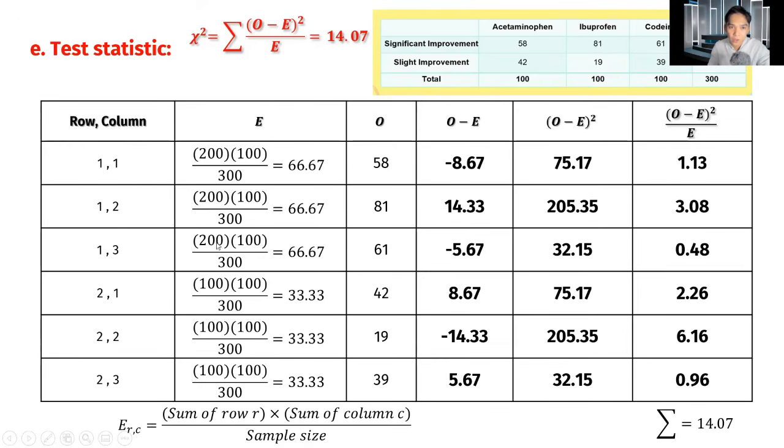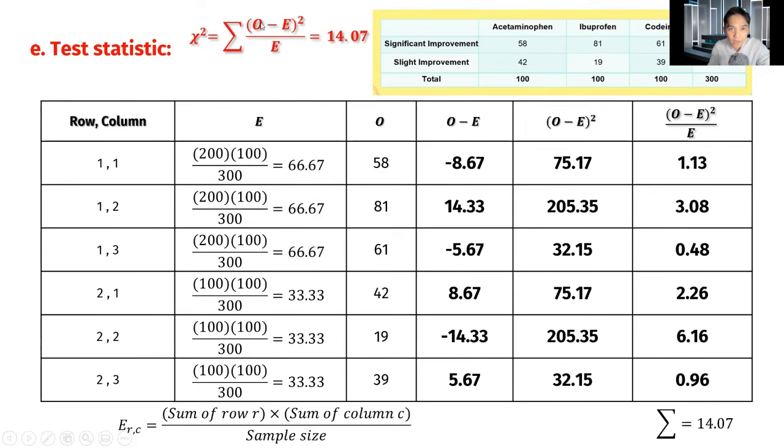Then row 1, 200 times column 3, 100, also divided by 300. And here in row 2, 100 times 100 divided by 300. And our O is our observed frequencies. So 58, 81, 61, 42, 19, and 39.